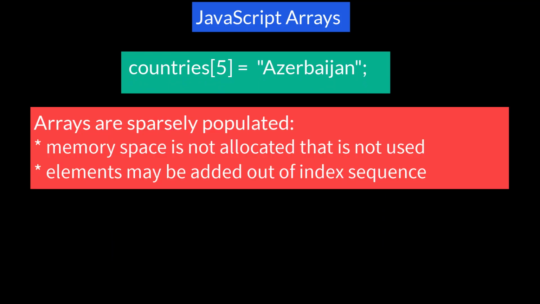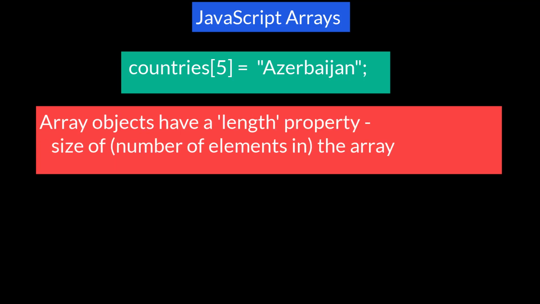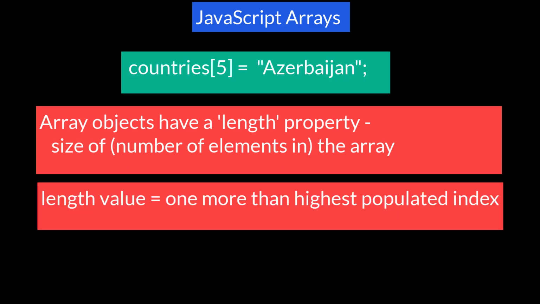Arrays are sparsely populated. That is, memory space is not allocated that is not used, and elements may be added out of index sequence. Array objects have a length property, which indicates the size of, that is, the number of elements in, the array. Actually, it is one more than the highest populated index number.